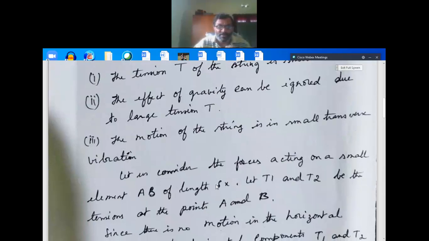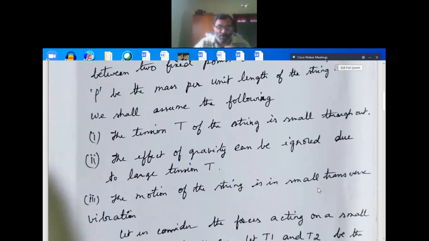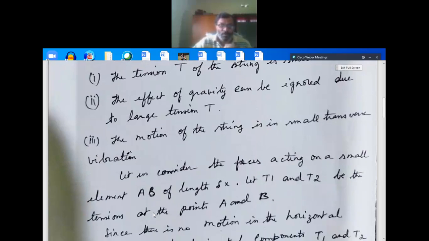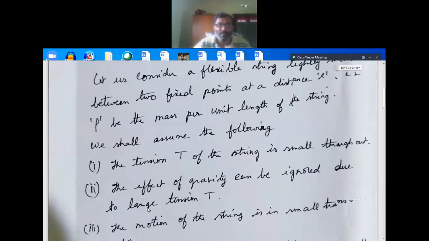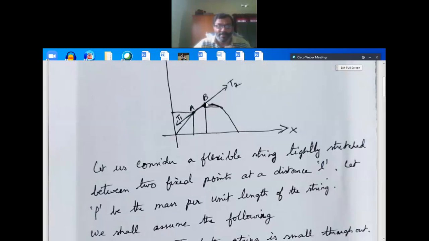The third assumption is that the motion of the string is in small transverse vibrations, just like a waveform. So let us consider the forces acting on a small element AB of length delta x, an infinitesimally small length AB.